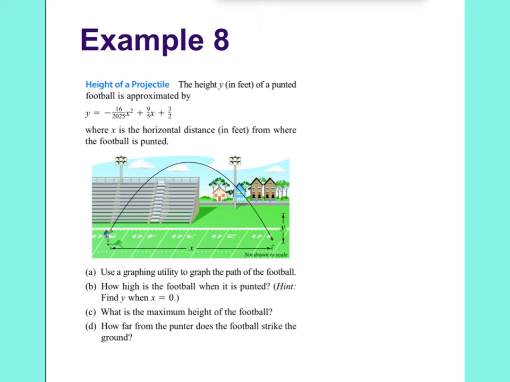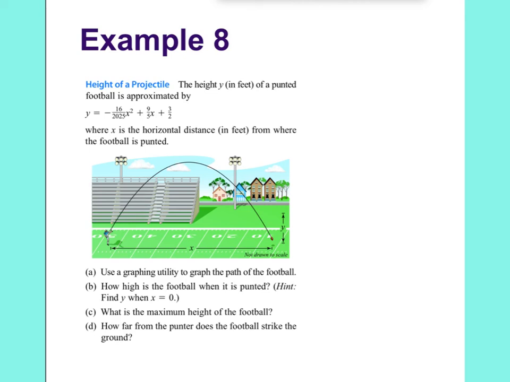So the first thing I have to do is type in that big long equation either into my graphing handheld calculator or into the app. You have to put the fractions in parentheses. So the negative can go on the front. Open the parentheses, 16 divided by 2025. Close the parentheses.